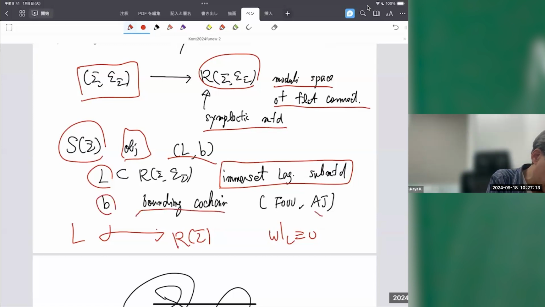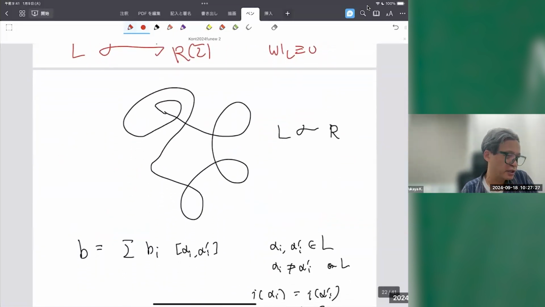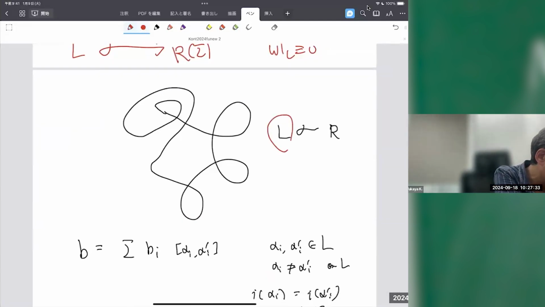I think this immersed case is studied by Akaho and Joyce, and we didn't invent the case. But the immersed case is important because actually this bounding cochain is 0 in an embedded case in our particular situation. So let me recall what this bounding cochain is in this case. We have this Lagrangian submanifold contained in this R(sigma).